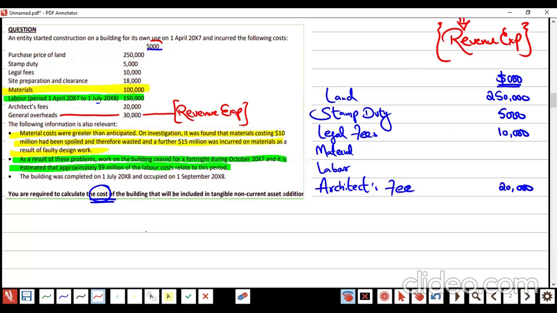100,000, three zeros are hidden, so $100 million of cement, bricks, steel we use in the building. What is bullet point one? Can you read it a bit loudly?